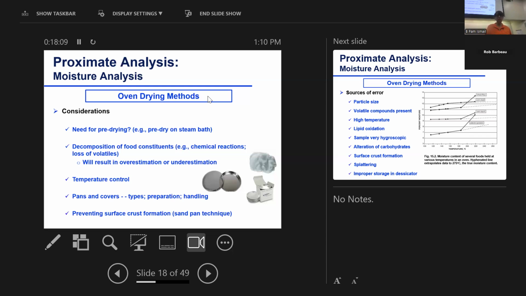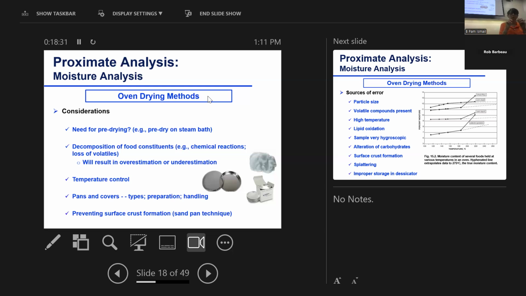Another treatment: if you have samples that could form a crust, like cheeses, for example, then moisture cannot penetrate. So sometimes forming that crust is undesirable. Otherwise, moisture will not evaporate and you underestimate moisture content.